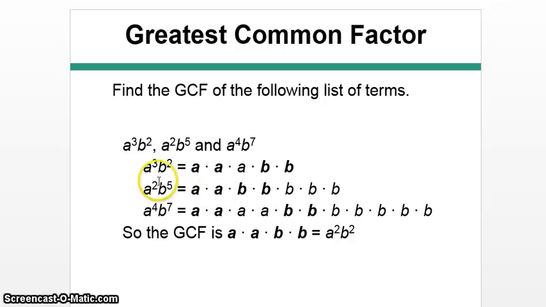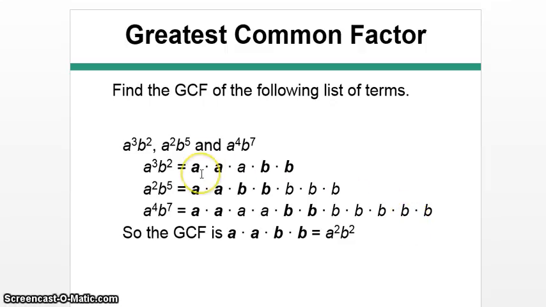Here b is the base, 5 is the exponent, b has been repeated 5 times. A to the 4, b to the 7: a is the base, 4 is the exponent, a has been repeated 4 times. b is the base, 7 is the exponent, b has been repeated 7 times.